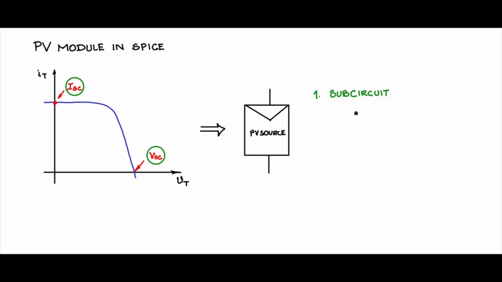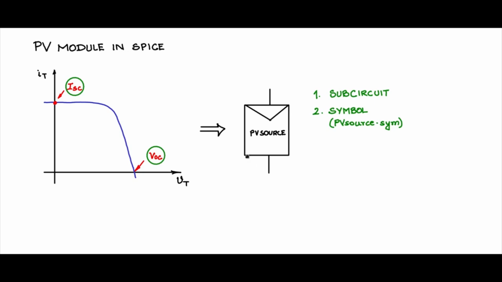That should be sufficient. And second, we have to make this symbol so that you can call it in the schematic editor. And let us say that we write the symbol in a file called pvsource.sym. So these two aspects we need to do.